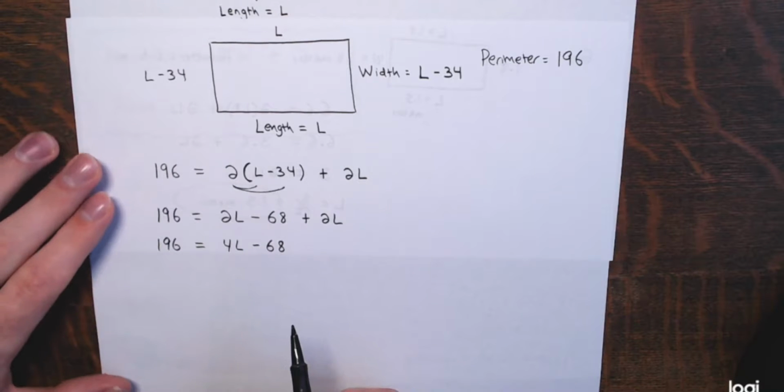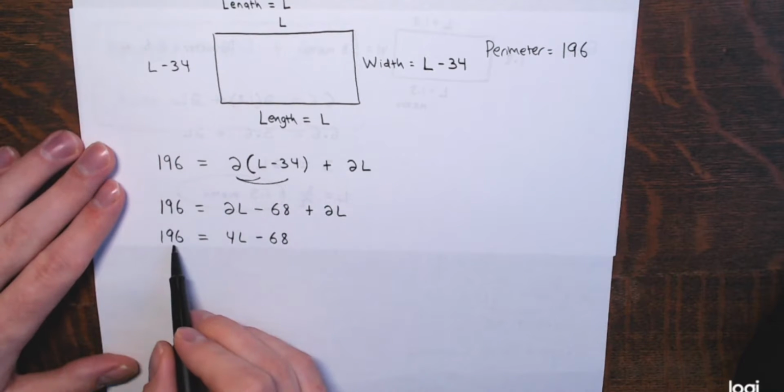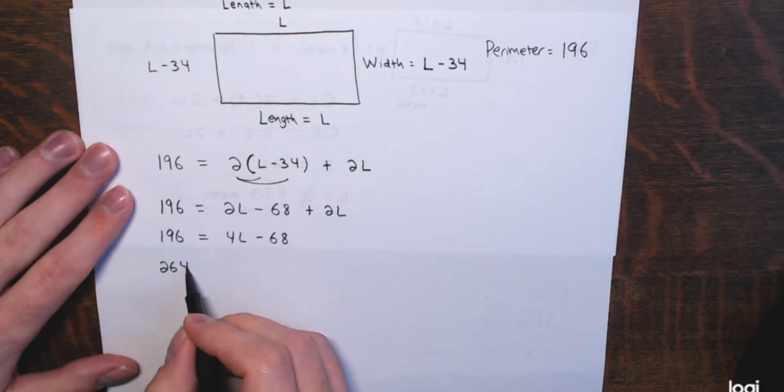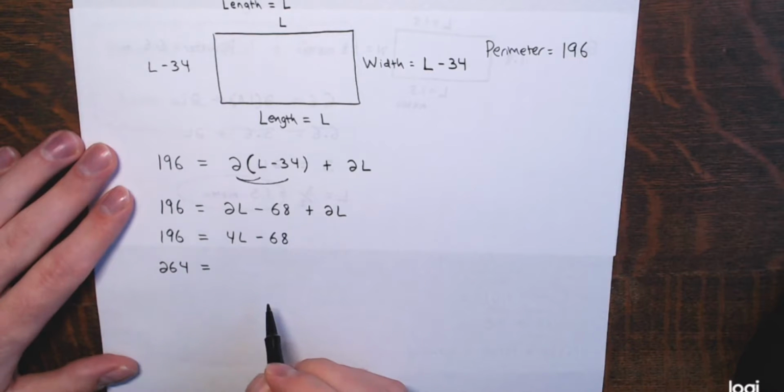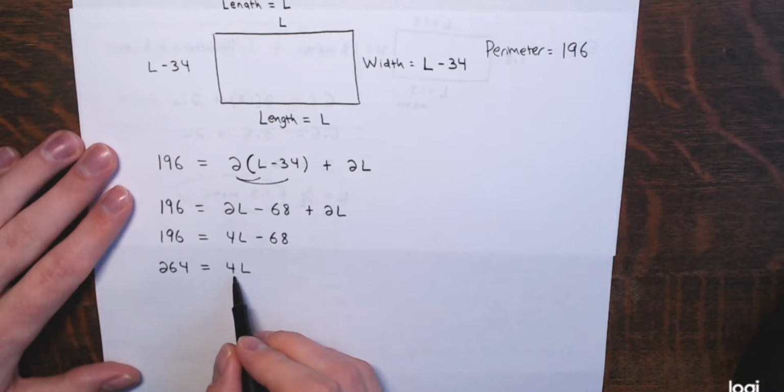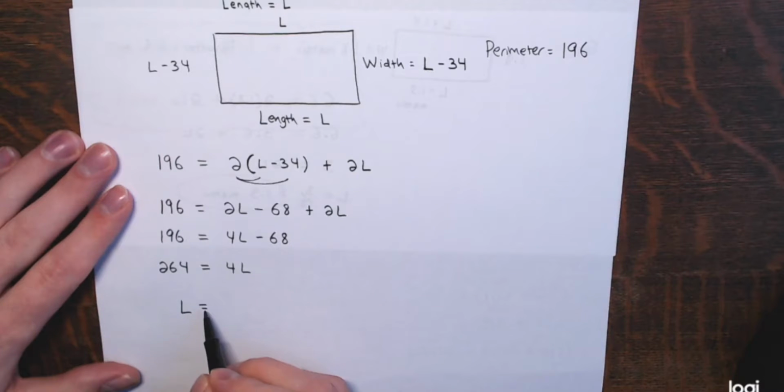Alright, then I would add 68 to get 264 on the left, and then equals 4L, and then all I would need to do to get L alone is now divide by 4. So 264 divided by 4 would be 67.